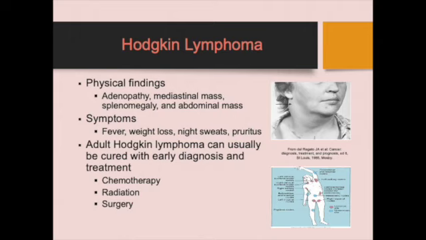You can also get an abdominal pelvic CT. Bone marrow biopsy isn't recommended in this stage of the disease. However, sometimes your oncologist might ask for one. You can also get PET scans, and these are usually combined with CTs as well.